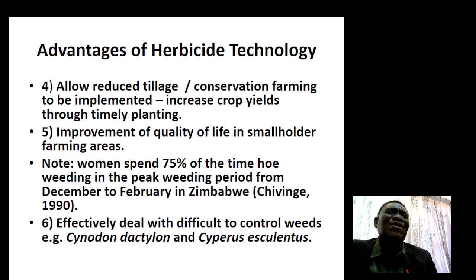So if we use herbicides, these women can be released from this weeding, because most of the time they have to weed, especially between December and February. We can effectively deal with the difficult to control weeds, e.g. Cynodon and Cyperus esculentus.